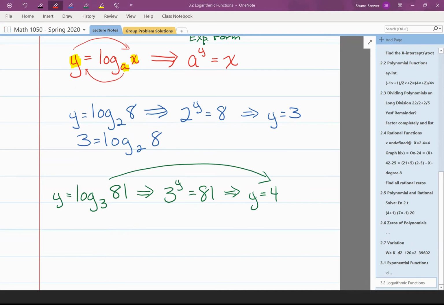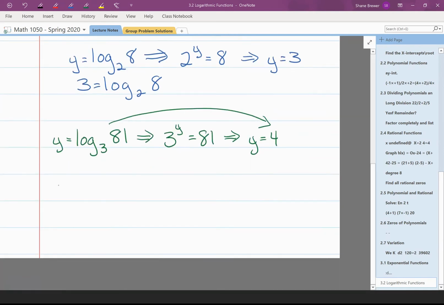Now, a lot of times when I am doing logs, let's just say log base 5 of 25, I've done this little transformation so much that I'll just play this game. I'll look at log base 5 of 25 and say, okay, what exponent needs to go right there to get a 25?